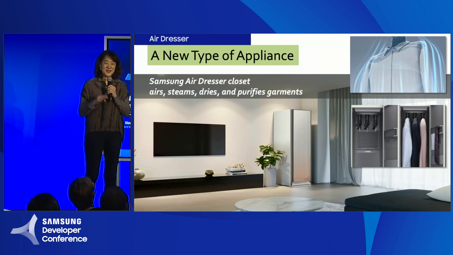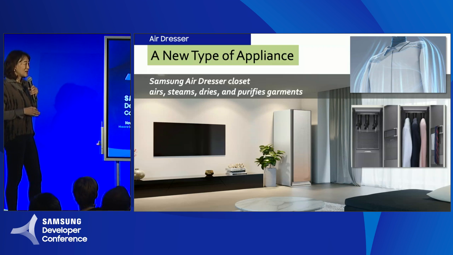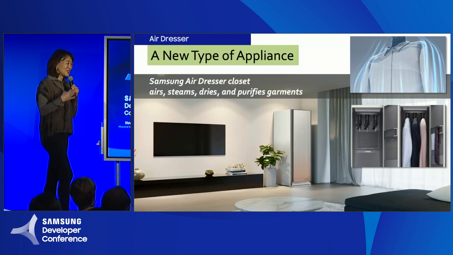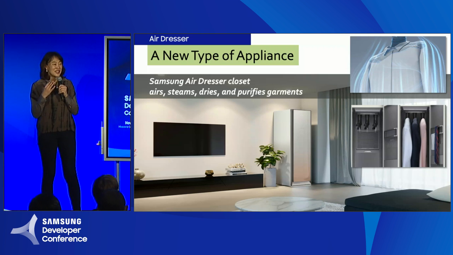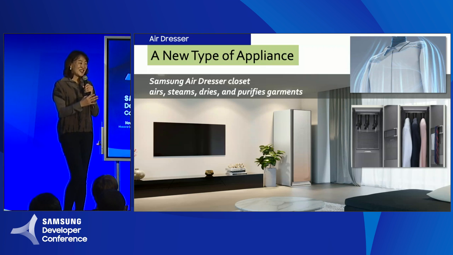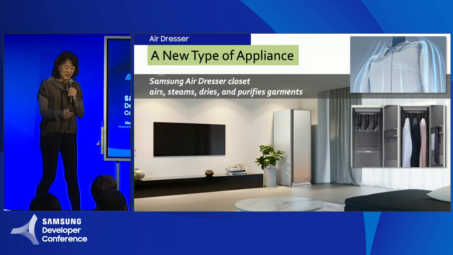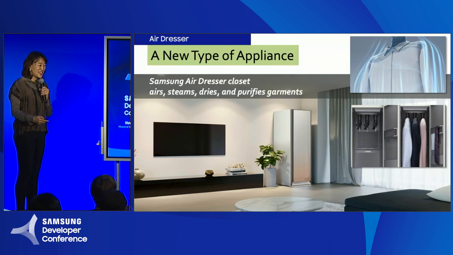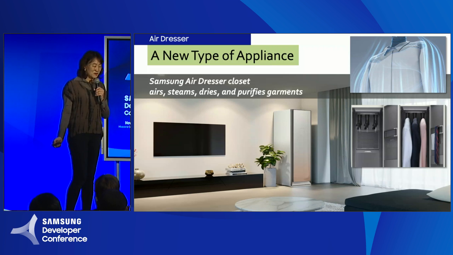I'm sure many of you have sweaters and winter coats, and it's kind of cumbersome to give them to the dry cleaner and get them returned every time they smell weird, right? What it does is you can just put it in, and then it feels like it's been already dry cleaned. It's not dry cleaned, it's air cleaned with some steam, but it feels really nice. This is a new appliance that just came out in the Korean market and became a real big hit.